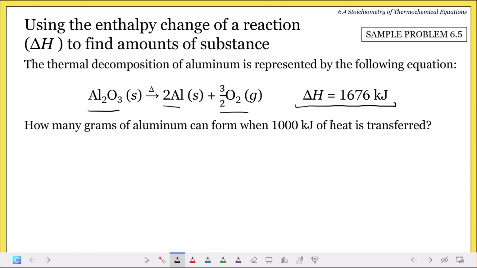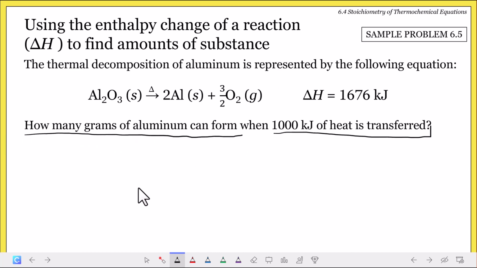So we have a positive value on our enthalpy, which means we have heat entering the system. This is a thermal decomposition, so we're heating up this reactant, this aluminum oxide, and we're trying to figure out if 1,000 kilojoules of heat were transferred, then how many grams of aluminum can form?